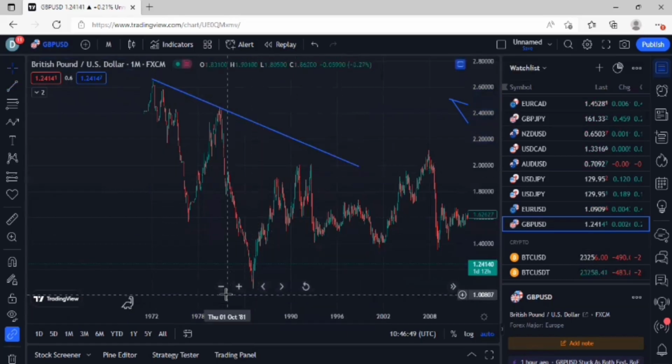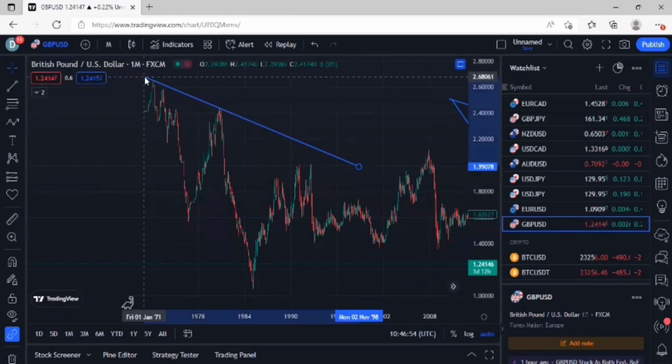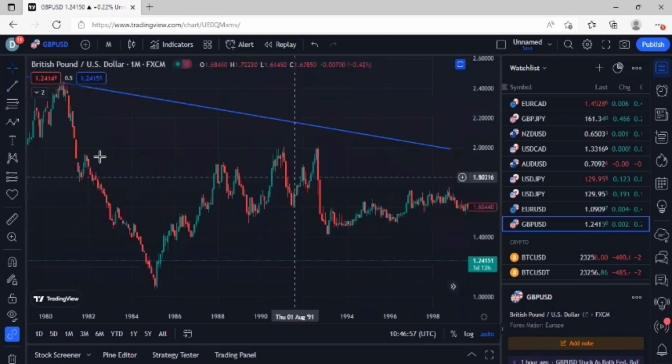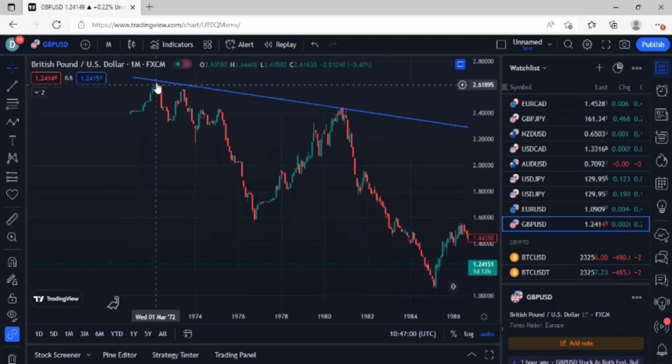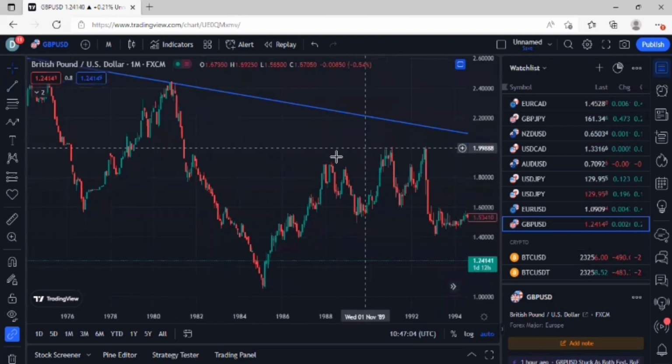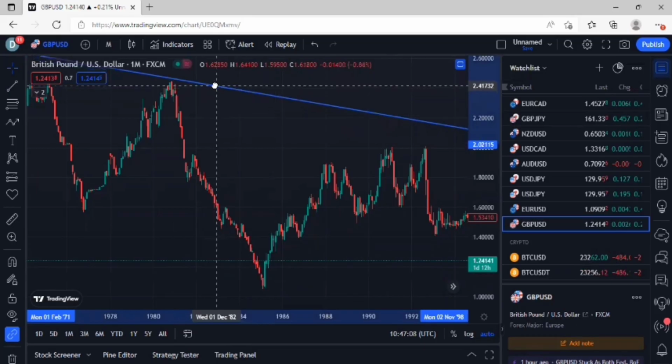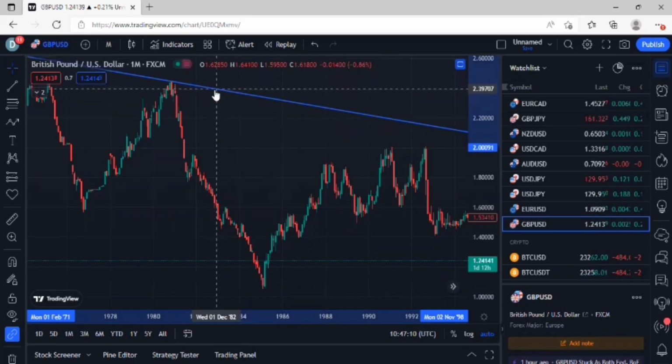I use the wick of the candle, the top of the wick, like that. If I zoom in, you can see that I use the top of the wick. So I can adjust this one as well to use the top of the wick.